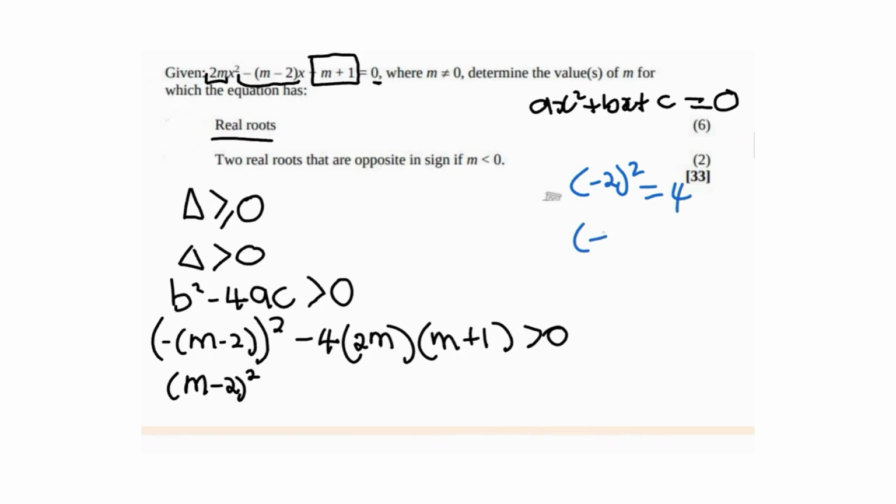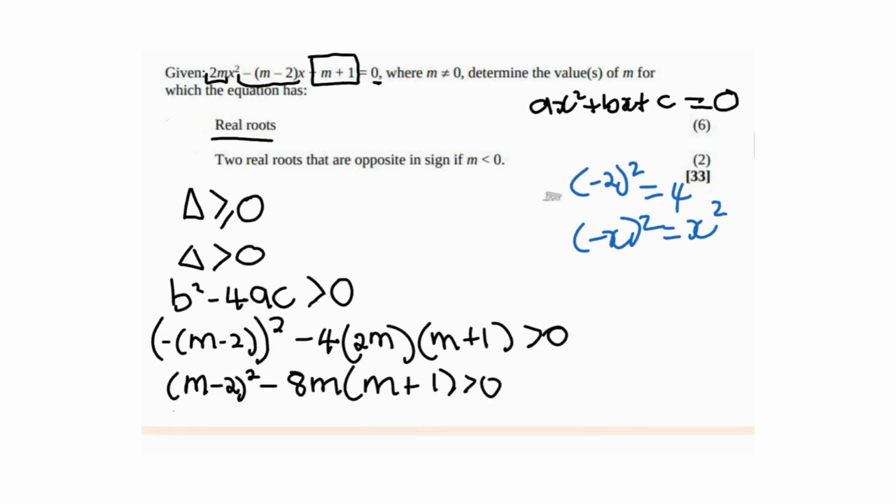When you have negative x squared, the answer is just x squared. So an exponent 2 removes a negative. That works for every exponent that is an even number. So (m minus 2) squared minus, I'm going to multiply the 4 and the 2m, I have minus 8m, and I still have m plus 1.